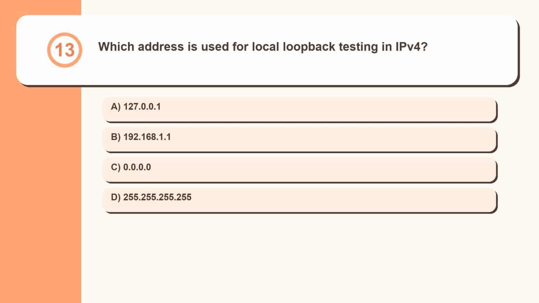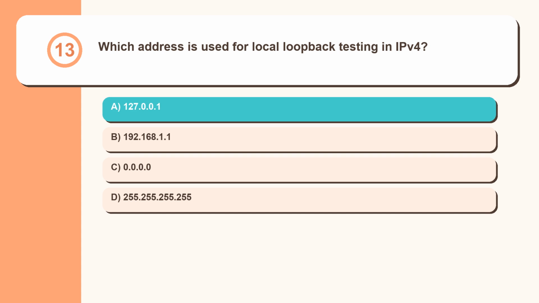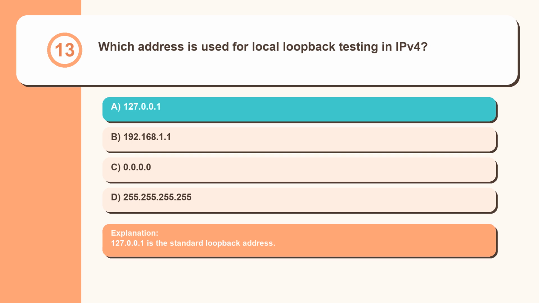Question 13. Which address is used for local loopback testing in IPv4? 127.0.0.1, 192.168.1.1, 0.0.0.0, 255.255.255.255. 127.0.0.1 is the standard loopback address.